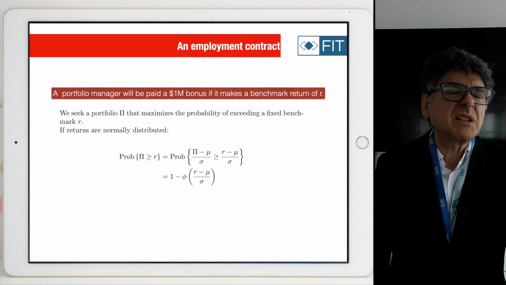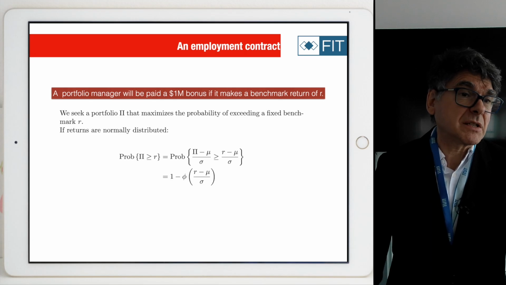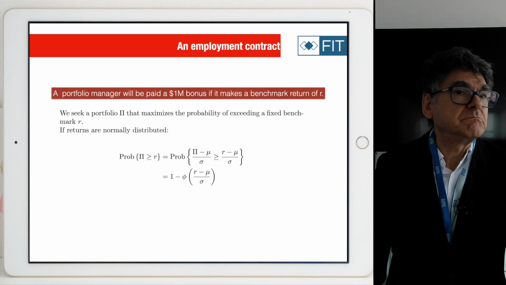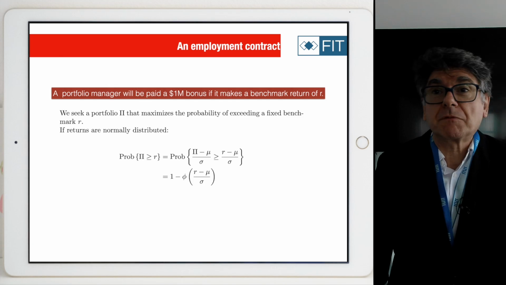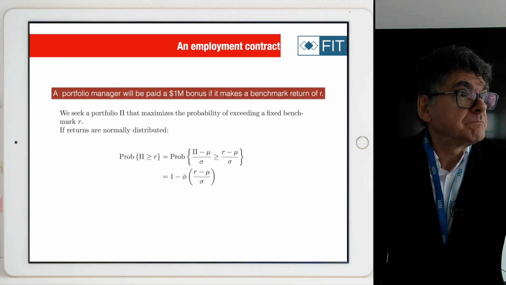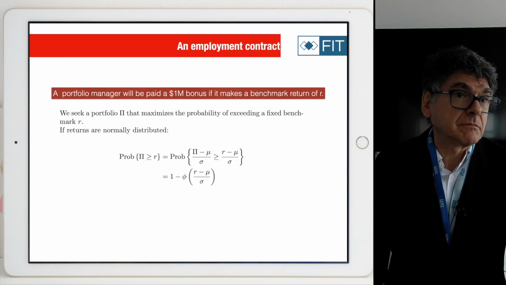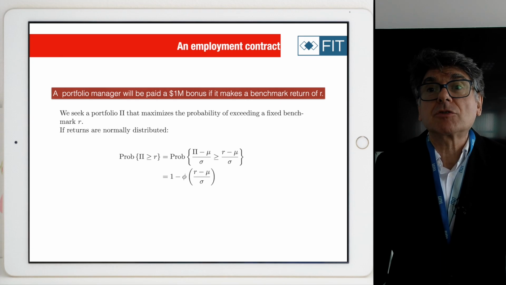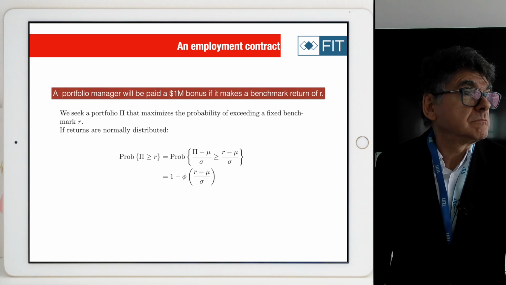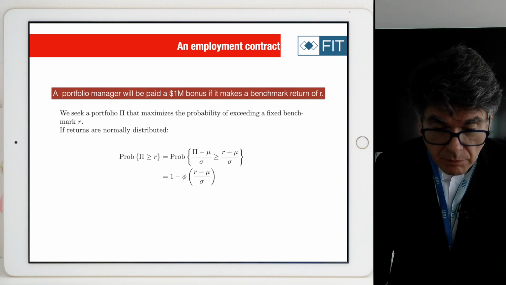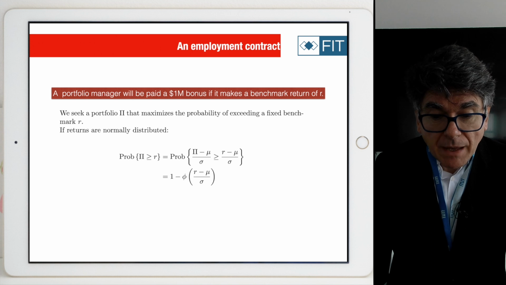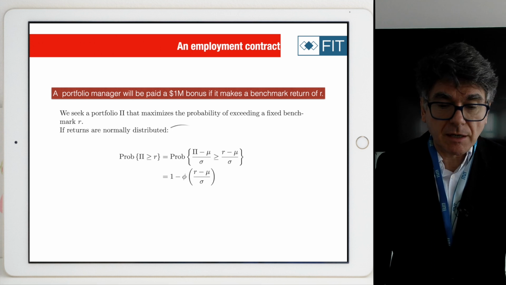Now it's the first day at work, so you make a very big assumption. Maybe in the second month you change the assumption, but the first day you make an assumption. What if my portfolio is distributed like a Gaussian? If my portfolio is a Gaussian portfolio, pi minus mu divided by sigma is a Gaussian random variable.